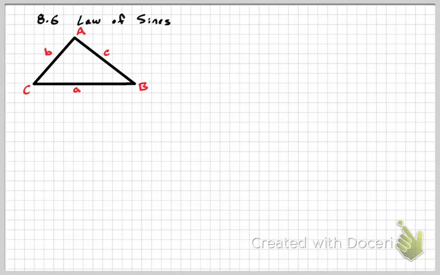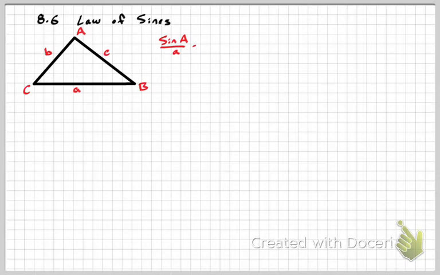The reason we do this is because when we use the law of sines, the ratios we're going to be creating involve an angle and a side. A ratio is a fraction, and the angle and the side are always opposite each other in the ratio we make, like the sine of A over a.